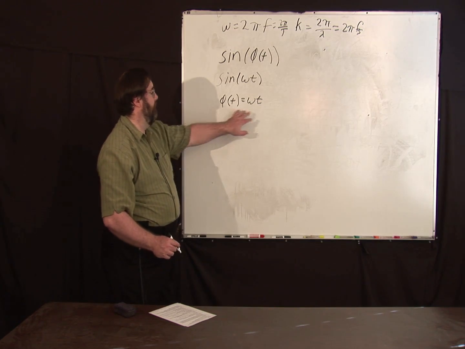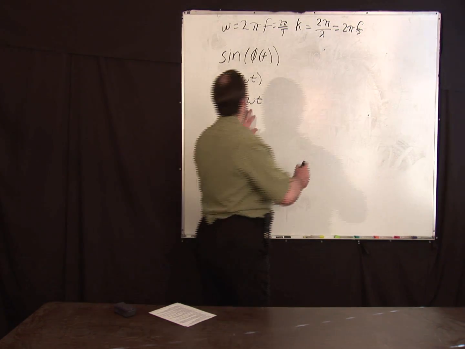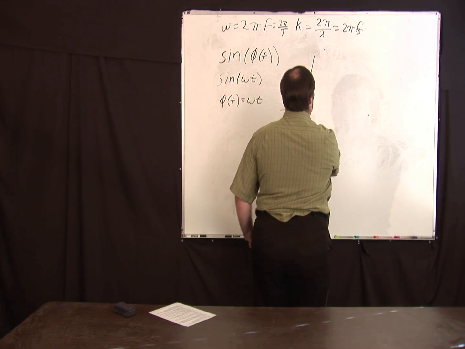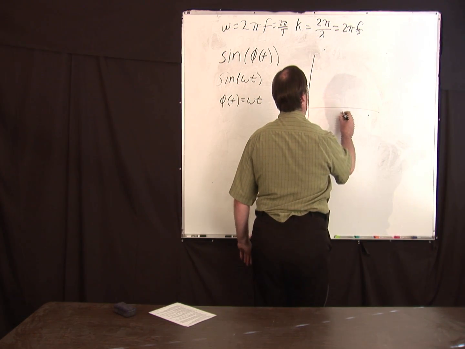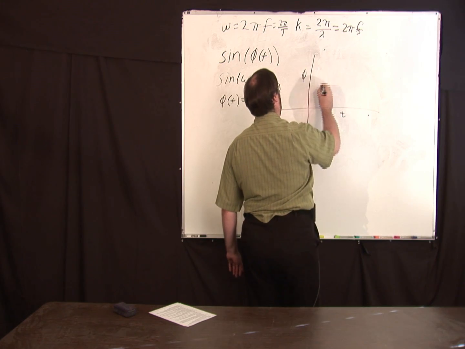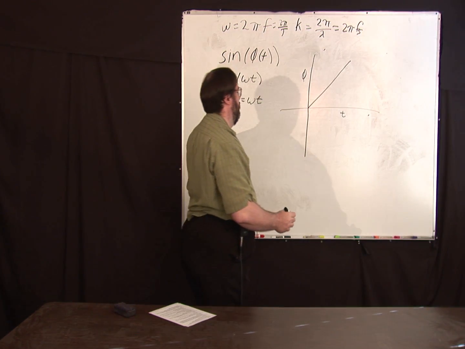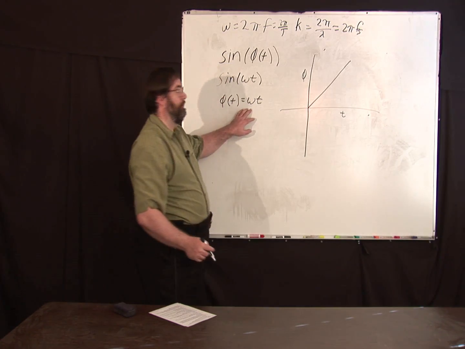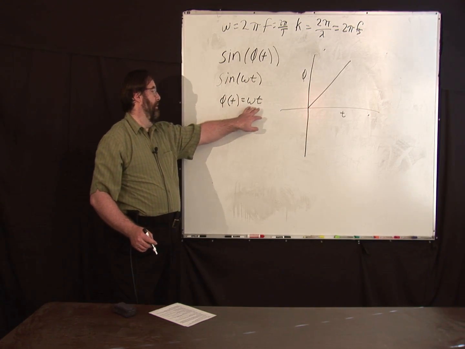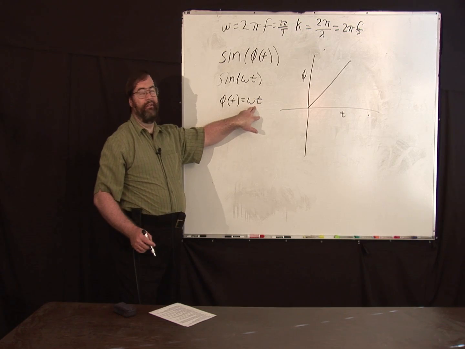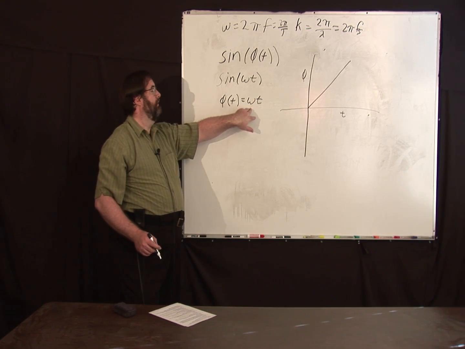Well, if you were to plot phi as a function of t, you can see from this form, say this is t and this is phi, it's a straight line going through the origin with slope omega. See, remember from your algebra, mx plus b, well, b is 0, the slope m is omega.